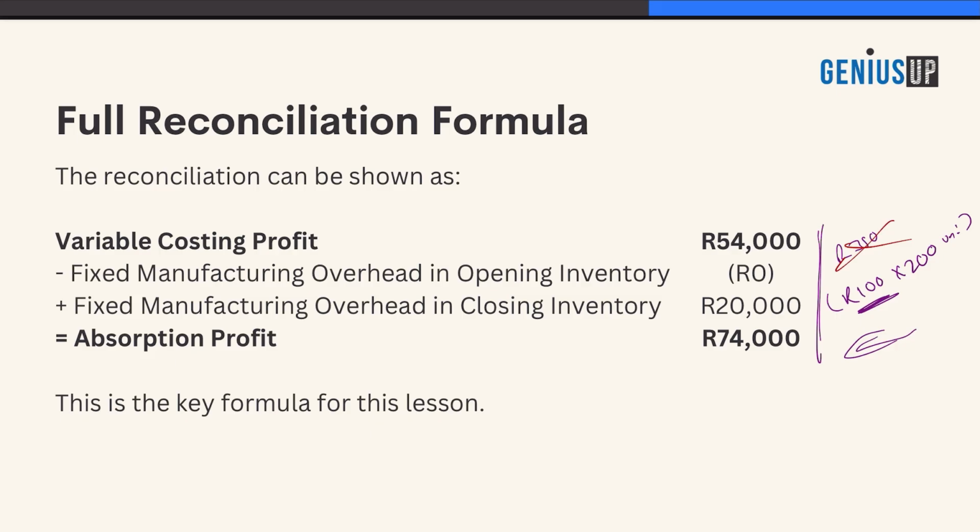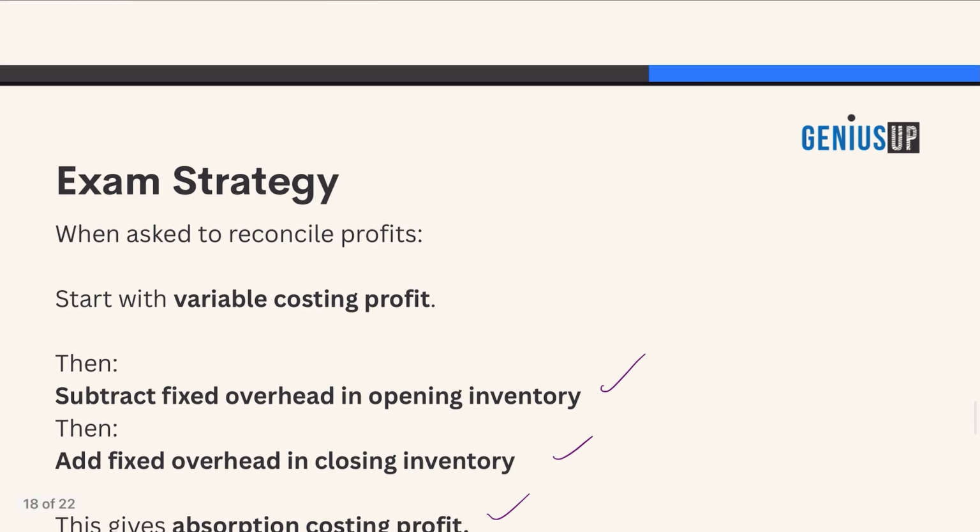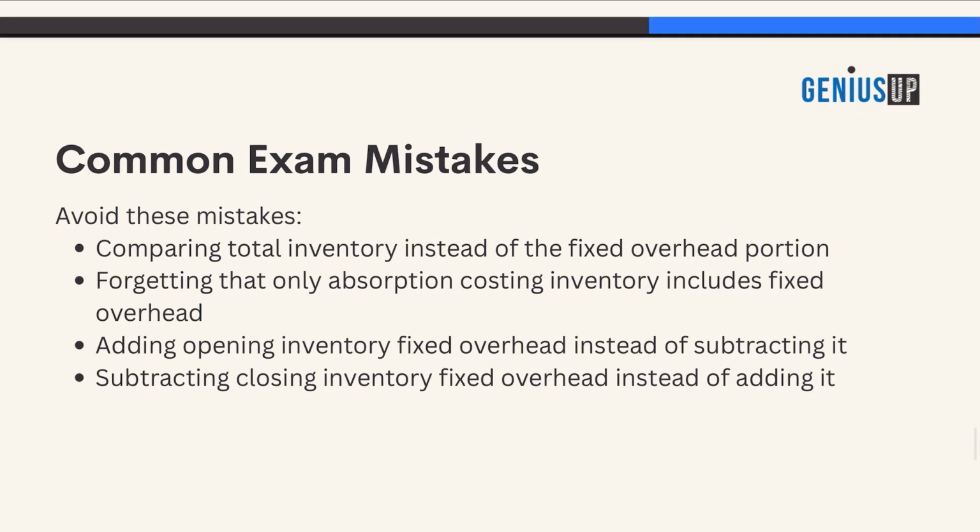The difference is not caused by the full product cost, however, but by the fixed manufacturing overheads portion, the absorbed portion of the fixed manufacturing cost on each unit, right? So the common mistake I see is students using the total inventory product cost instead of the fixed overhead portion.